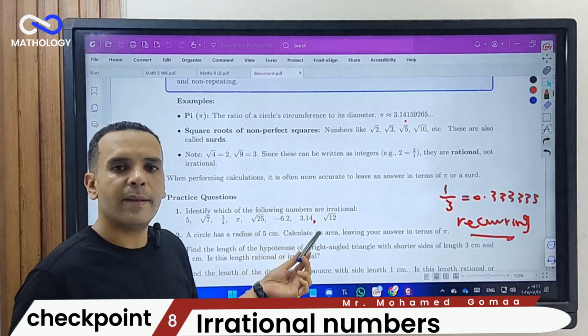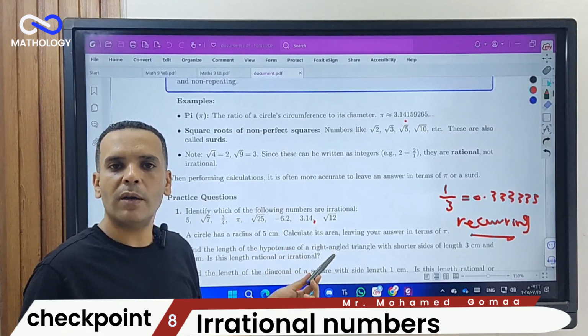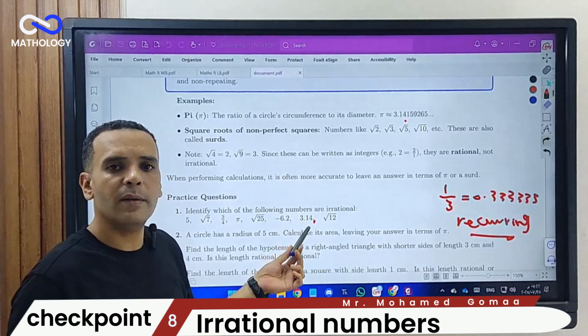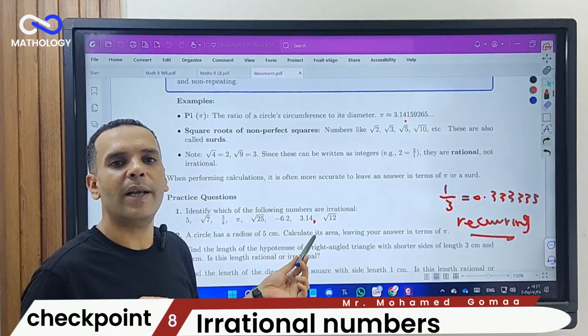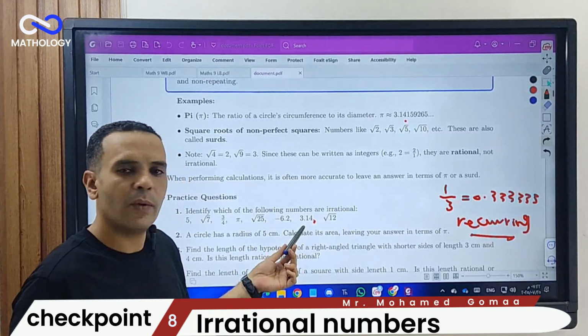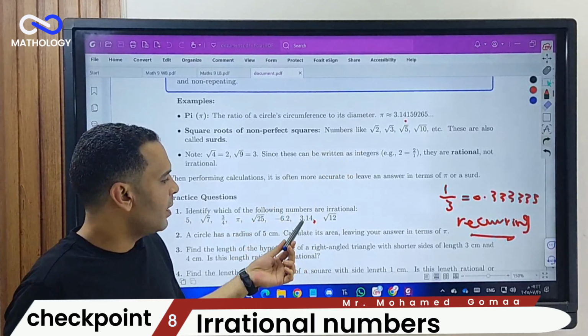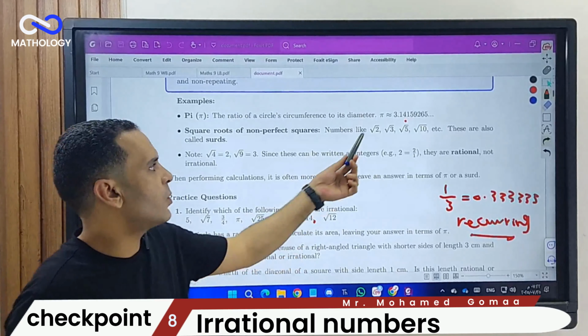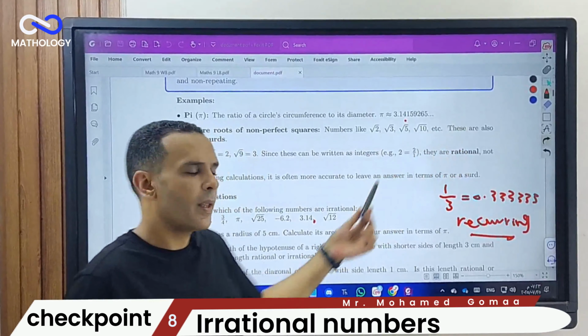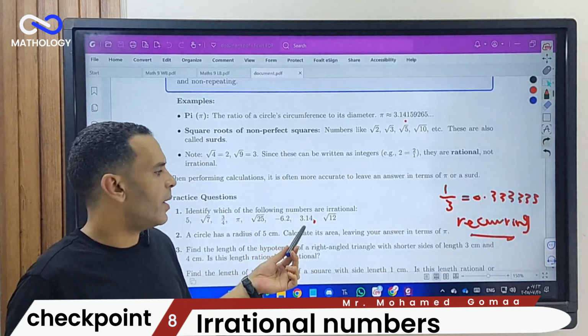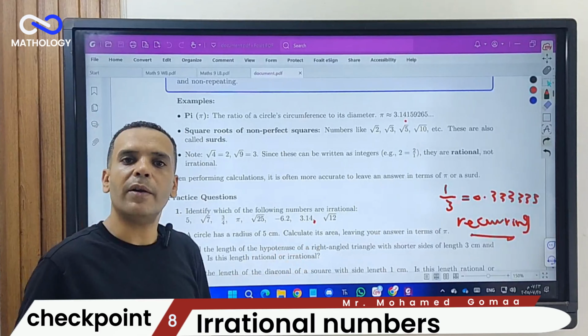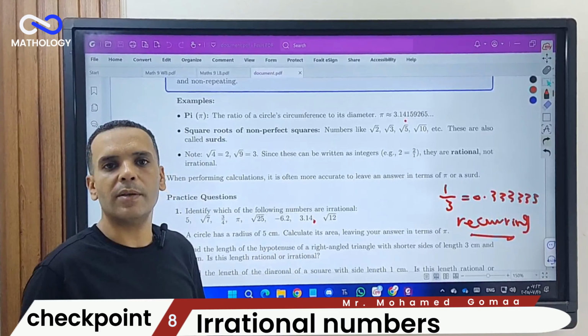This is a finite decimal, 3.14. This one is a rational number. This one is not pi. It's not like this one. This one is finite. This one is infinite. Okay? 3.14 is rational. Square root of 12 is irrational because 12 is not a square number.